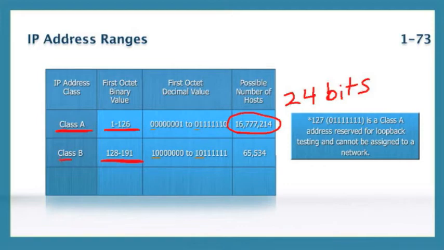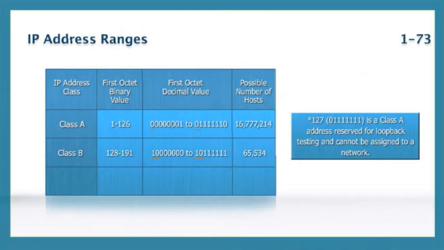Now, a Class B address beginning 128 to 191 is for the medium-sized environment. You have 16 bits for hosts, so sure enough, you can only accommodate 65,534 machines on that network. How about the Class C?